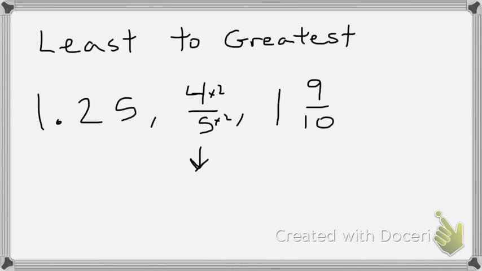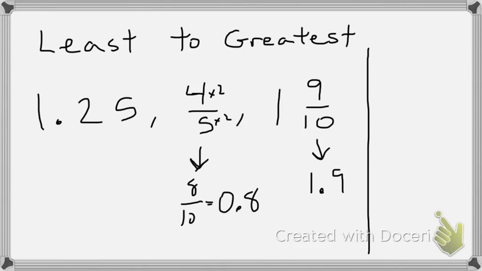By 2, we're going to get 8/10. So as a decimal, this is going to be 0.8. And here, we leave the 1 the same, and that's going to be 9/10. So now we have all of our fractions into decimals. Now we can go ahead and line them up.